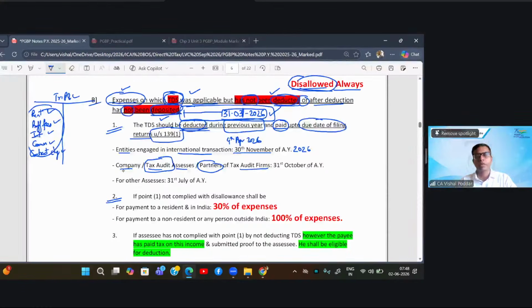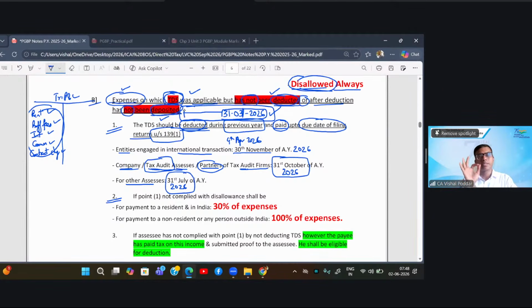So three persons are covered in this: company assessee, any tax audit assessee, and where the tax audit assessee is a partnership firm, the partners of such partnership firm. For all of them, the last date to file return is 31st of October 26. And for all remaining assessees, mainly the salaried people or the non-tax audit assessees, the last date to file your return is 31st July 26.